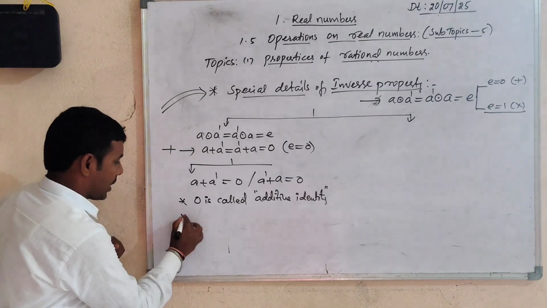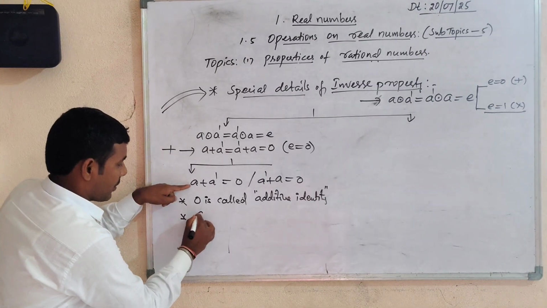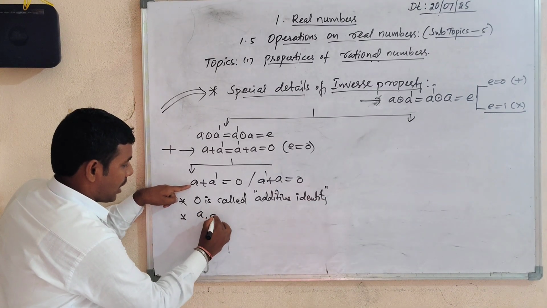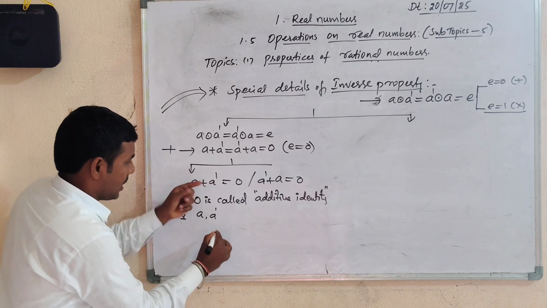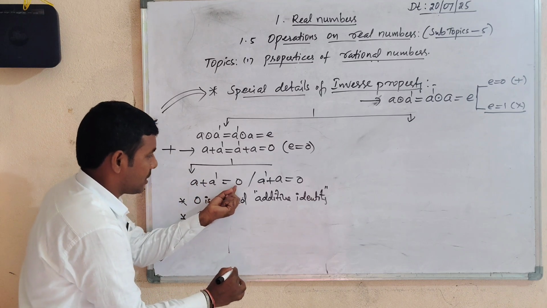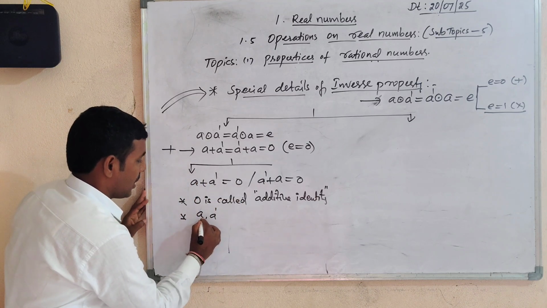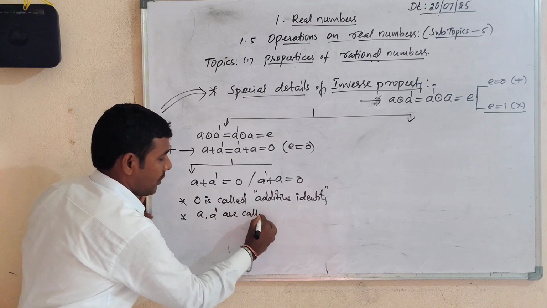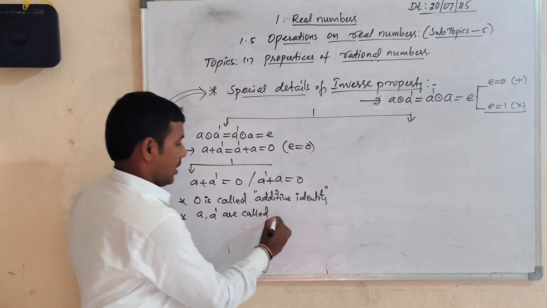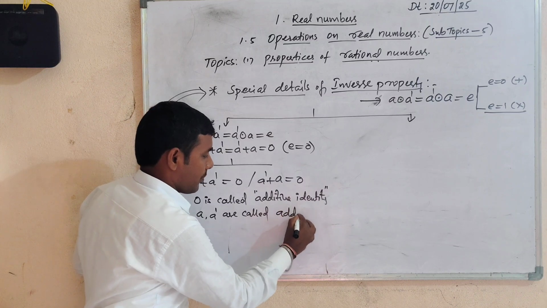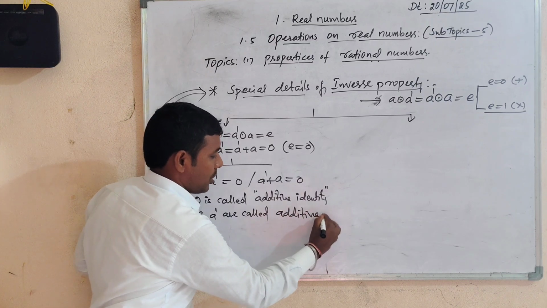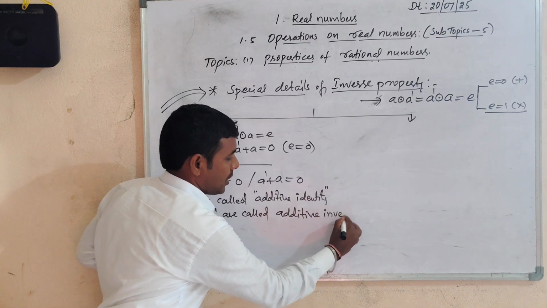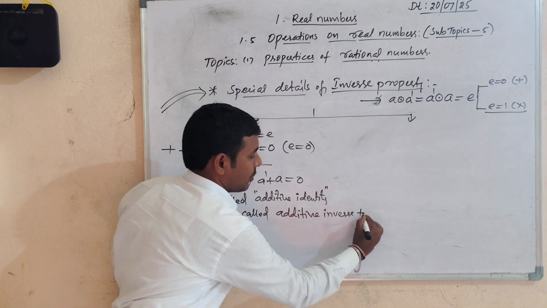And one more important thing. Here A and A complement: A plus A complement is equal to 0. For that reason, A and A complement can be called additive inverse to each other.